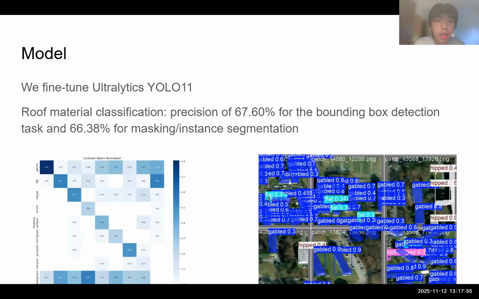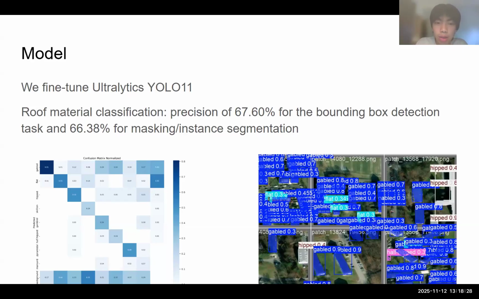Our model achieved a precision of 67 for the bounding box detection task, meaning the model outputted not just predictions for which roof material things were, but also where within the image there were roofs in the first place. So for the bounding box task, the model achieved a precision of 67%.